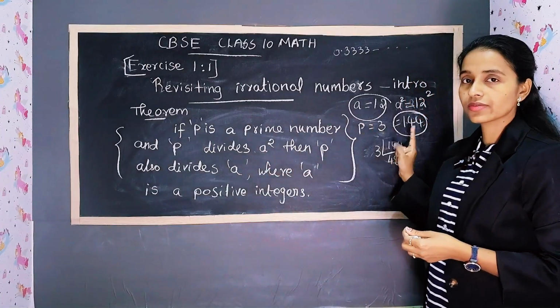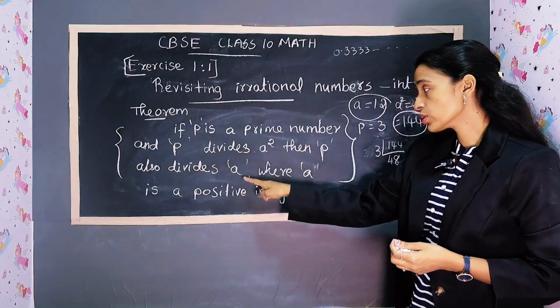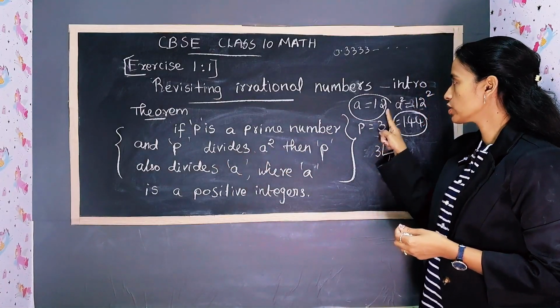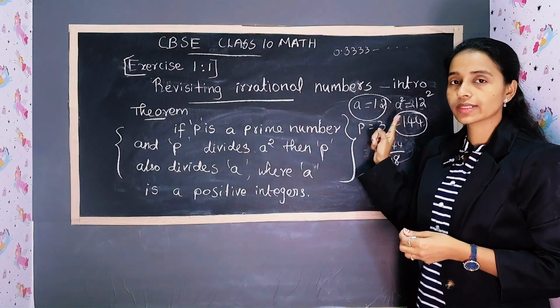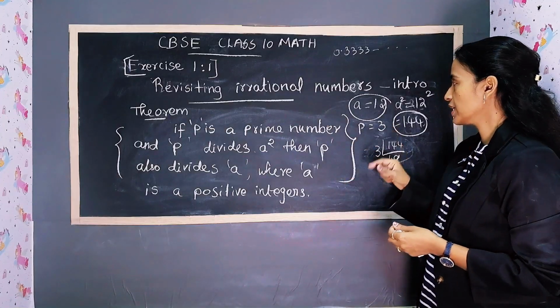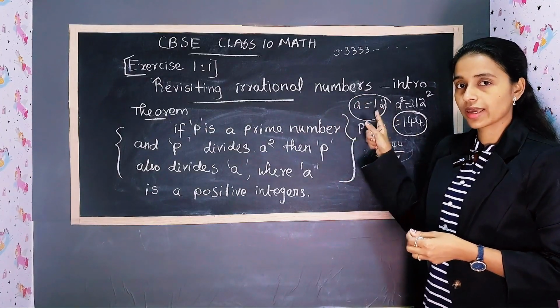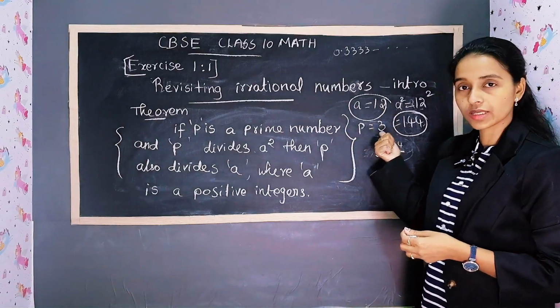This 3 can divide 144, right? And p also divides a. What is p here? Again 3. 3 also divides 12 completely, right? You can divide this 12 by 3 completely. 4 threes are 12, right? So here the thing is, let's assume any positive integer a and prime factor 3.